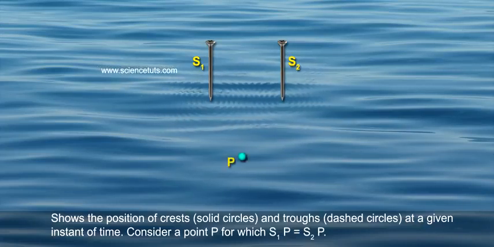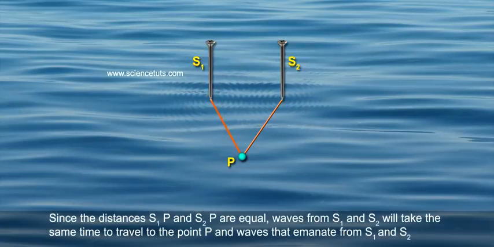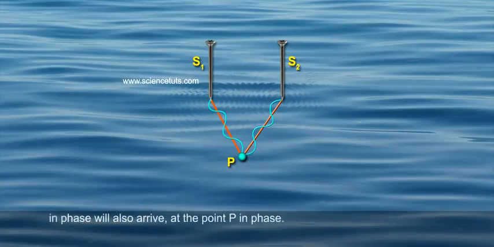Consider a point P for which S1P equals S2P. Since the distances S1P and S2P are equal, waves from S1 and S2 will take the same time to travel to the point P, and waves that emanate from S1 and S2 in phase will also arrive at the point P in phase.